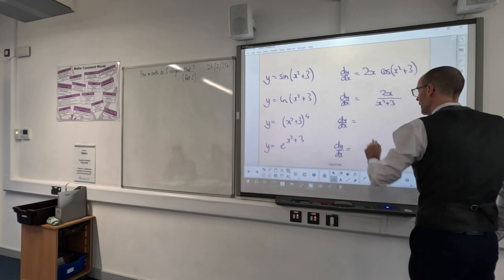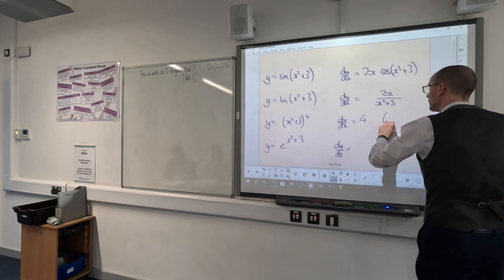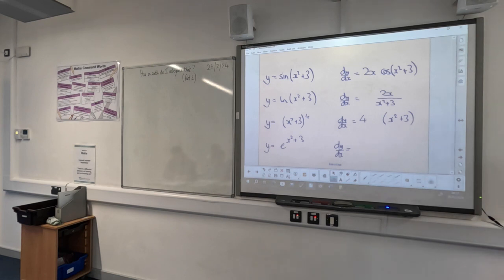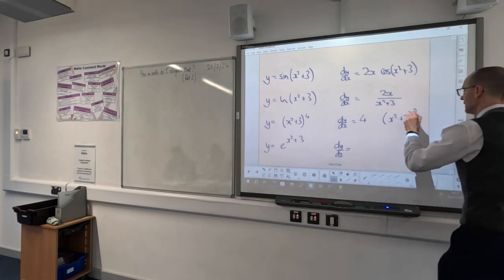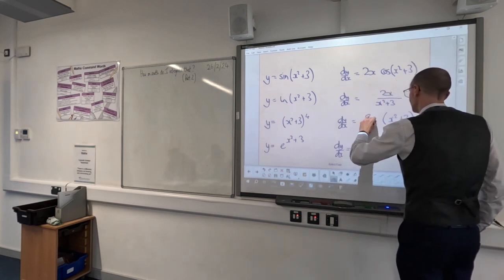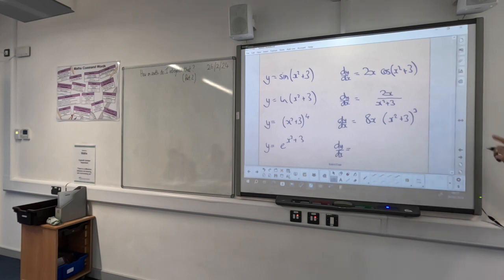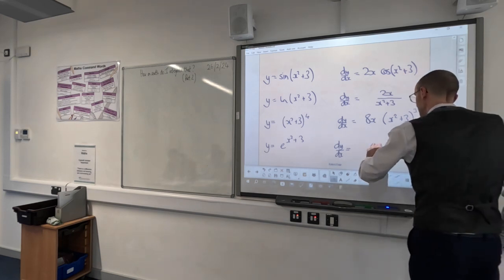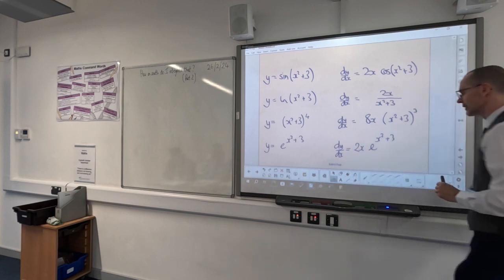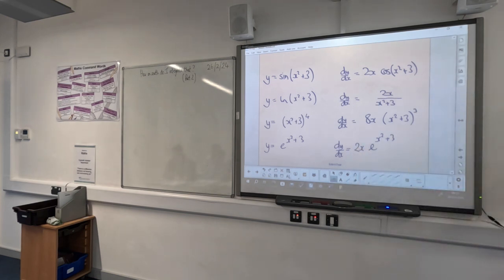This you multiply by the power, reduce the power by 1 and multiply by what you get when you differentiate the brackets, 2x, so that actually becomes 8x, 4 times 2x. And then power stays the same, multiplied by what you get when you differentiate the brackets. And of course you could write the 2x afterwards, that's fine.